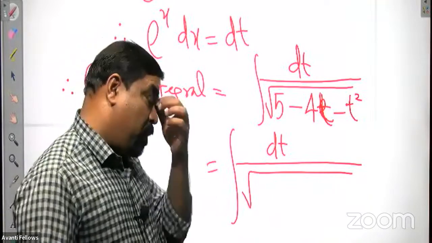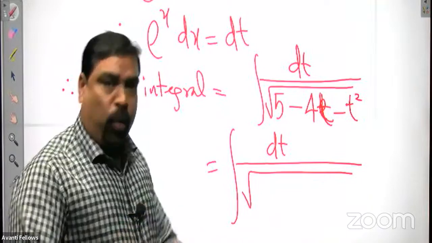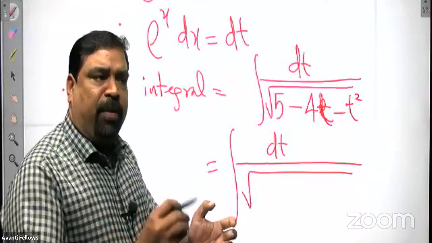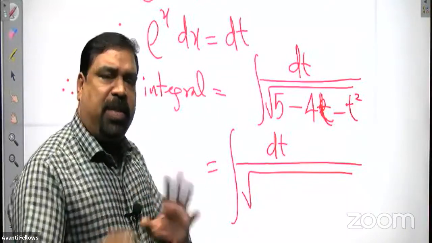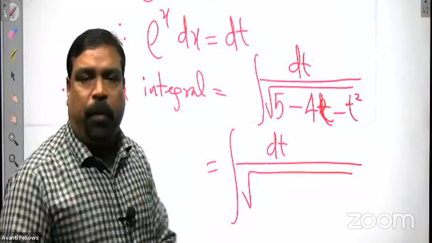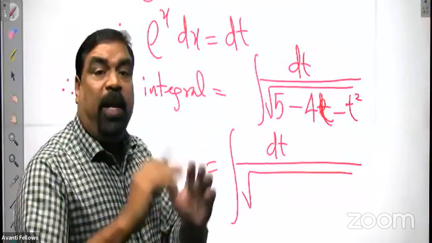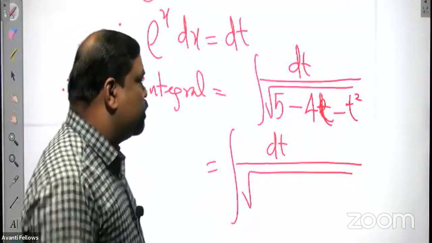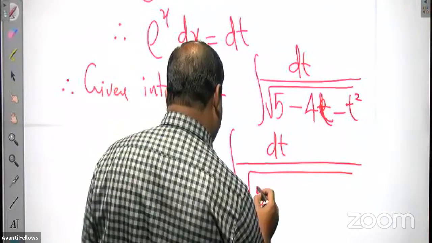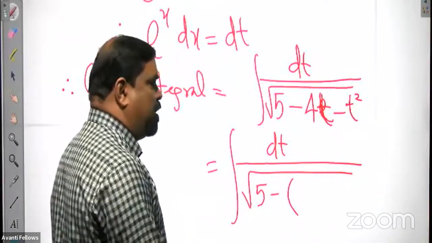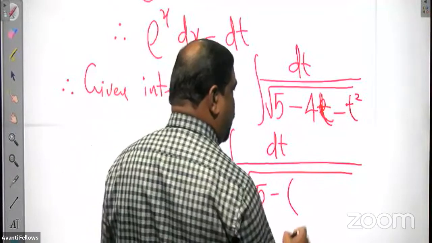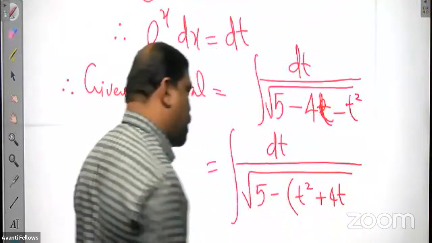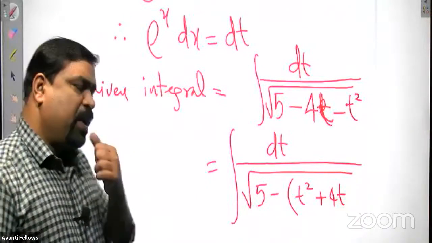Whenever there's a quadratic form, 1 by a root quadratic, we have to convert into either x square minus a square form, a square minus x square form, or a square plus x square form by applying the method of completing the square. So it's easily we can do here. 5 minus, all the minus I will take outside after 5, of t square plus 4t.